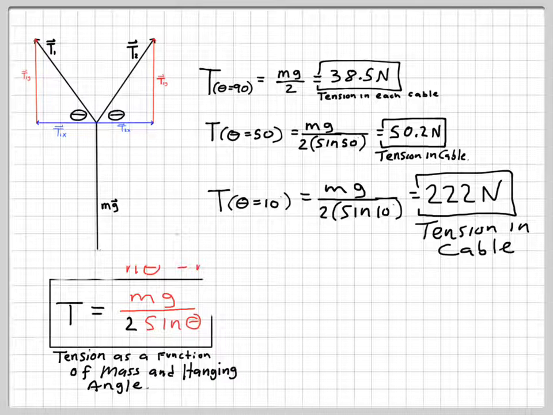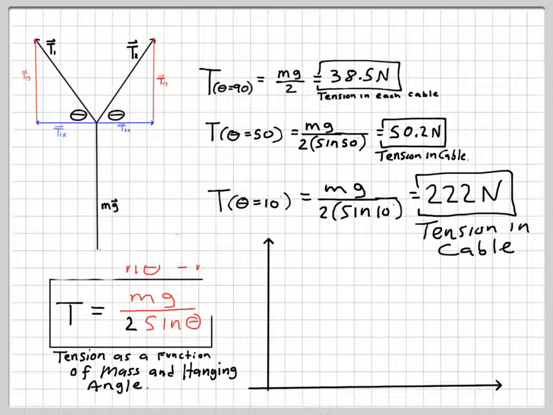So let's graph that. Let's graph the trend. I'm going to take a look at this vertical axis here, which will be the tension. The horizontal axis will be the hanging angle. So I'm going to have this be the angle, and this up here will be the tension.